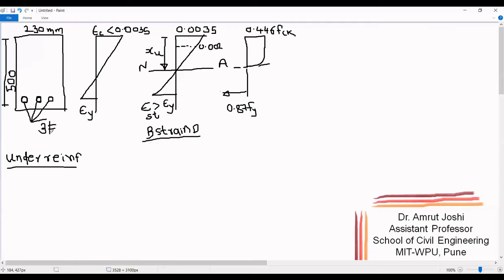We denote this as 3 bars of 12 mm diameter, so we write it as 3-12 mm phi. The grade of concrete that has been used is M20 and the grade of steel that has been employed is Fe415.